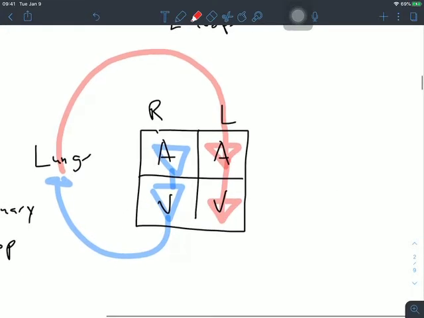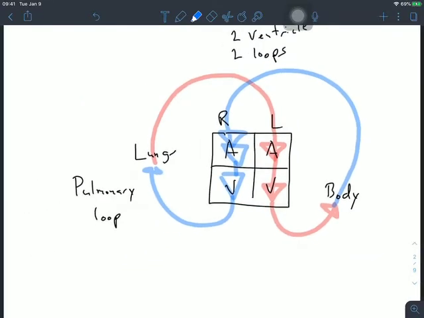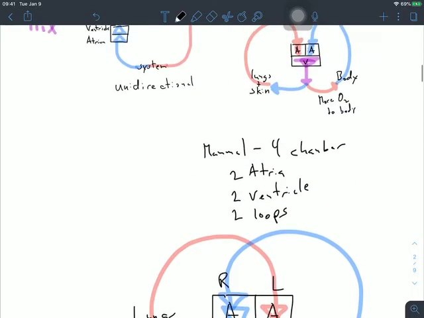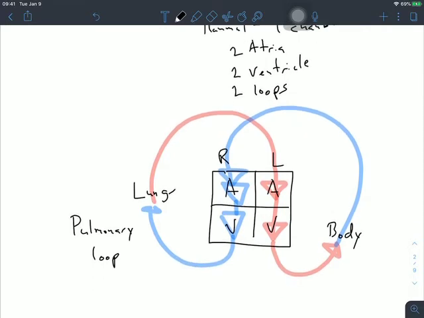That left atrium and left ventricle then push this blood that's highly rich in oxygen towards the body, the systemic circuit or systemic loop, where it becomes deoxygenated and returns to the right atrium and right ventricle. This allows for no mixing of high oxygen and low oxygen blood, as we saw in the amphibian model, and therefore delivers the most oxygen to the mammal body.